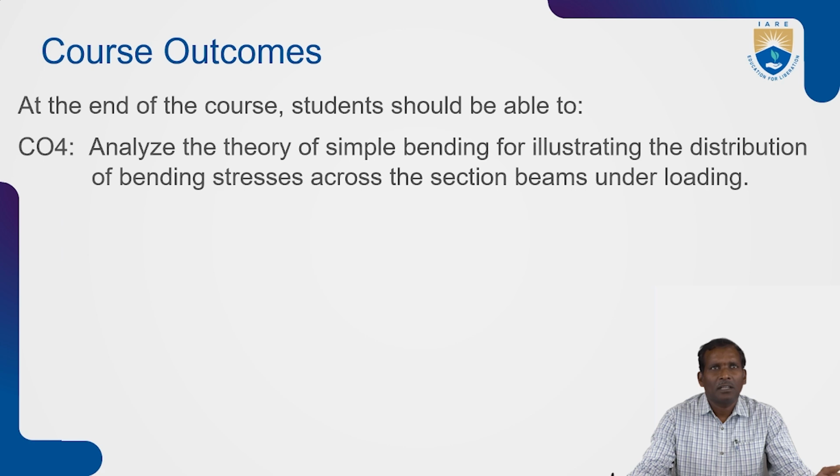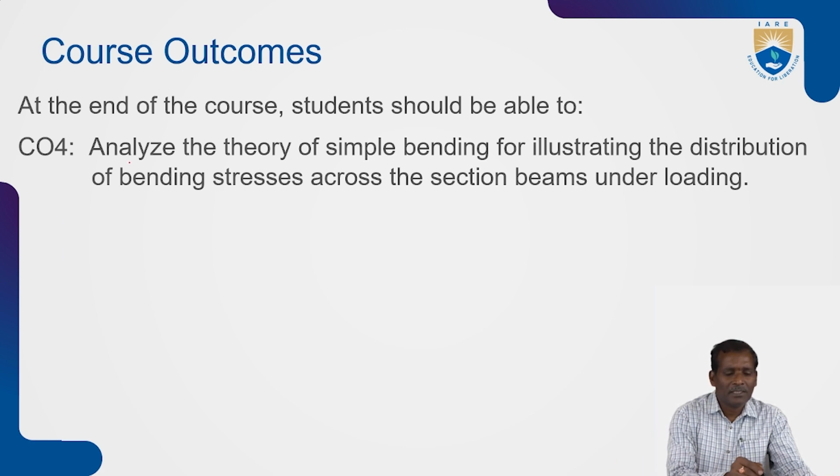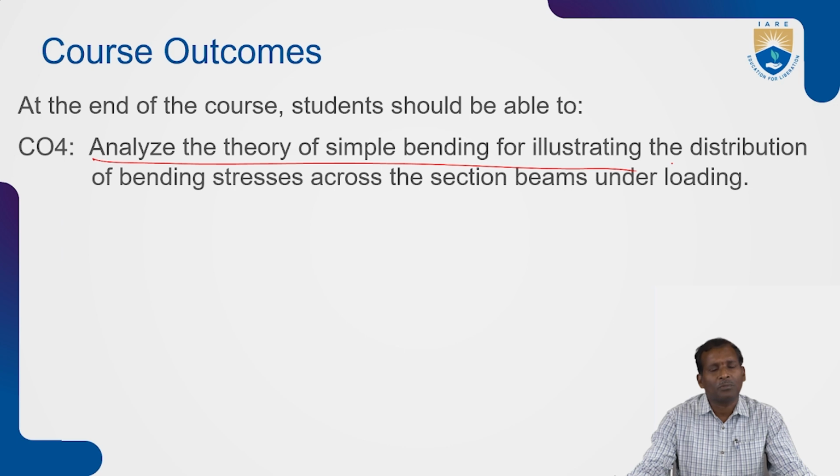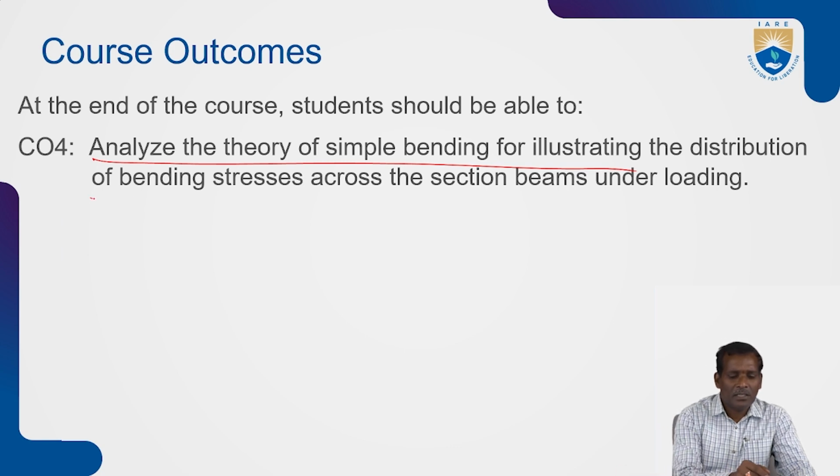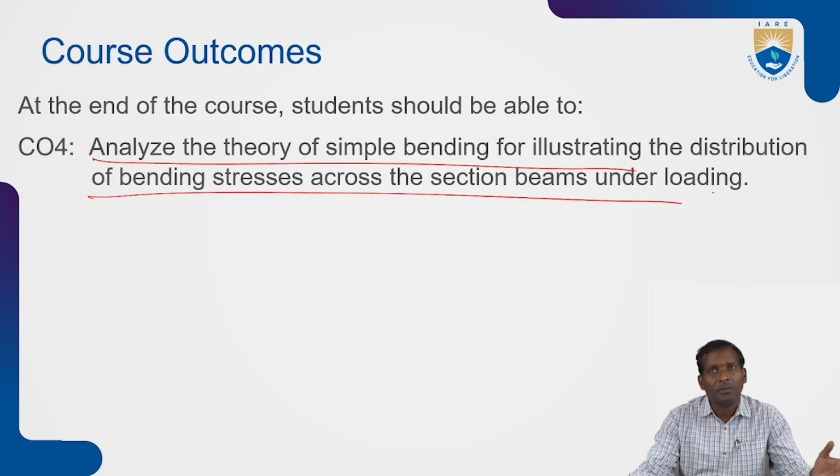The course outcome is to analyze the theory of simple bending for illustrating the distribution of bending stresses across the section of beams under loading. The theory of simple bending is already over.